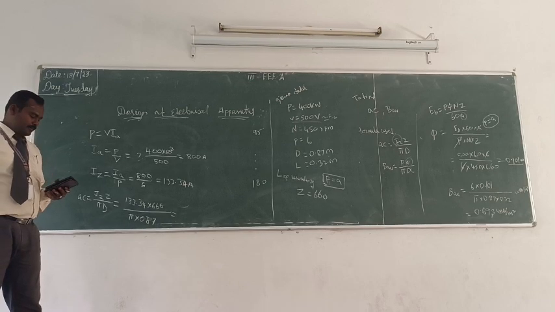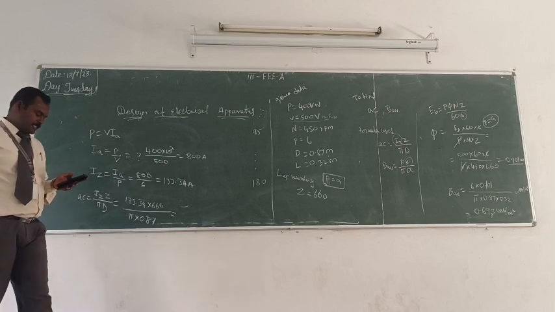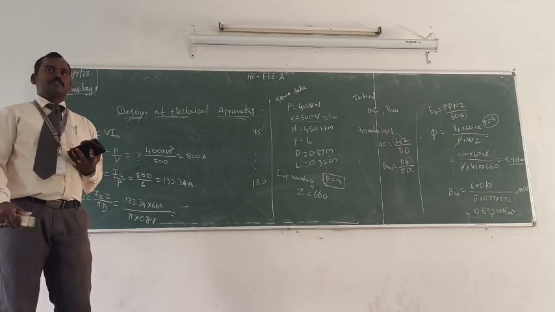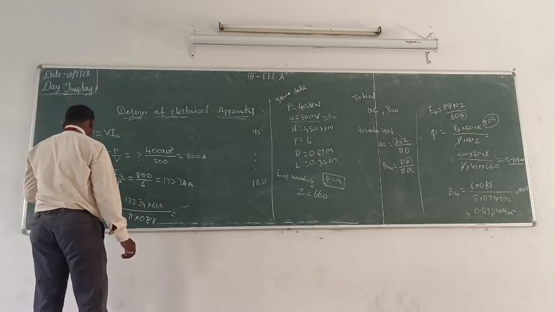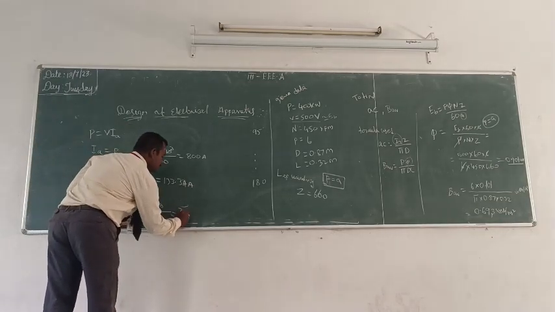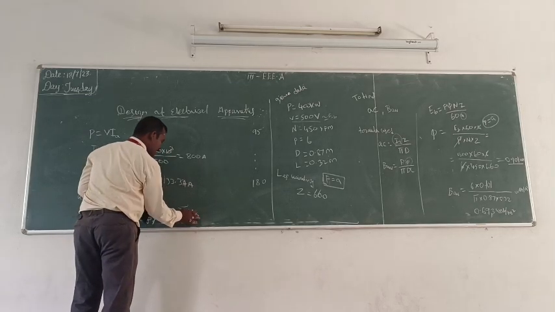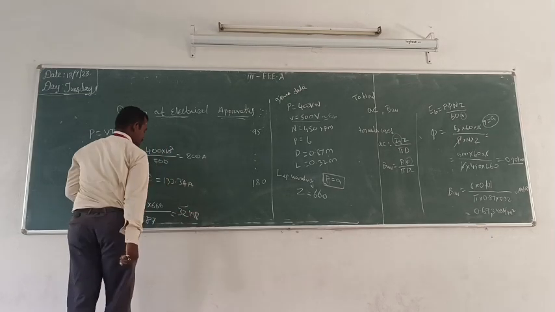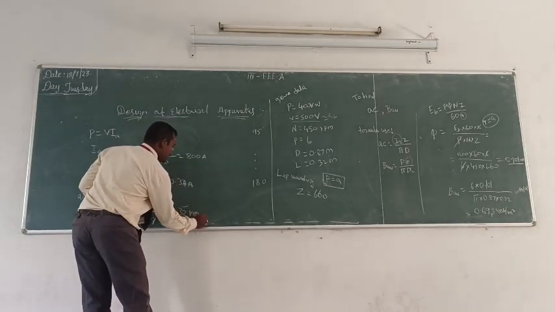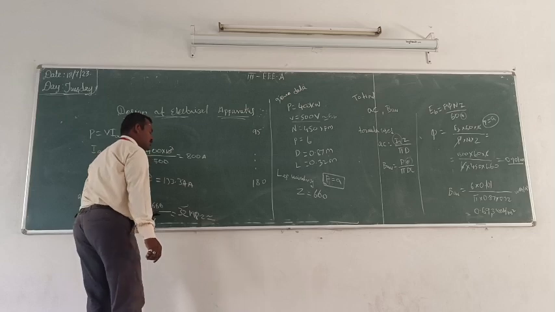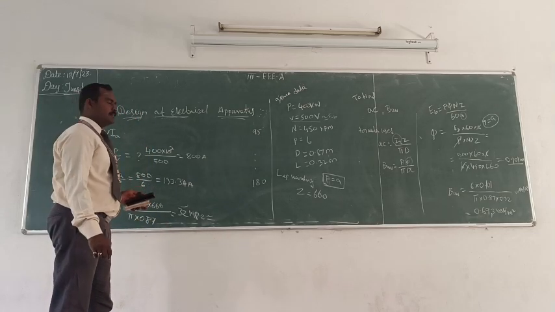How much is it coming? 32,198. The 0.2 you can approximately treat as a negligible value, because the conductor count is not a fraction.